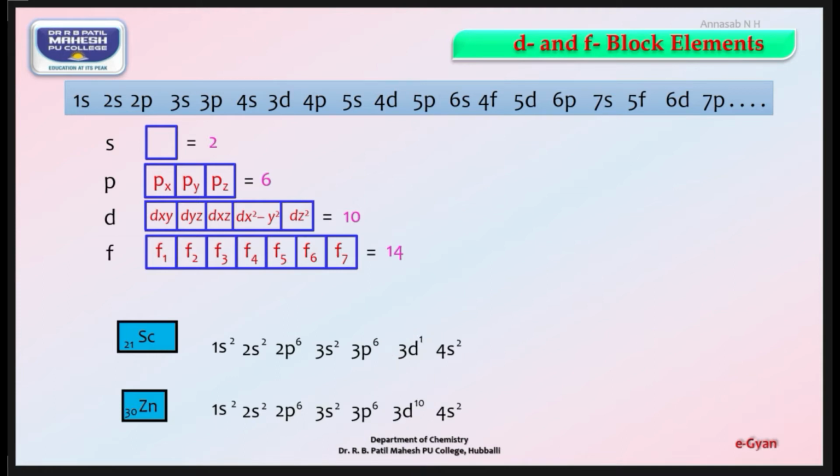Okay, so this 3d series, which has 1 electron to 10 electrons, you can observe 4s here. 4 is the nth value, n minus 1 is d value. So this 3d series is penultimate shell.